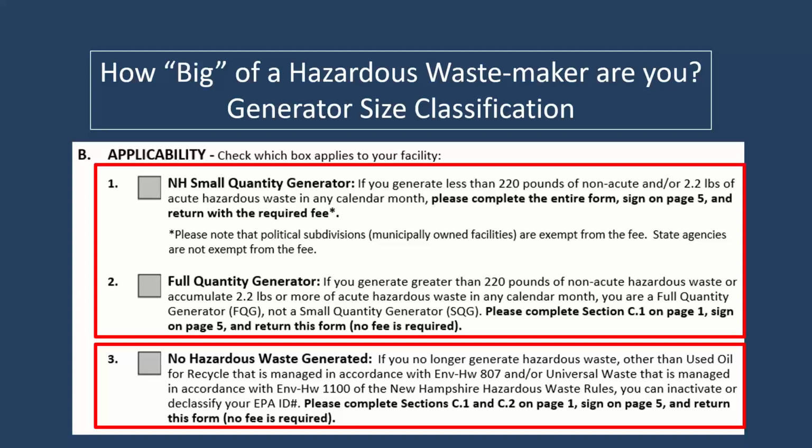These wastes are hazardous wastes, but we aren't interested in tracking them with this self-certification program. So if you have those items, you don't have to include them when figuring out how much hazardous waste you make. If you don't make any hazardous waste, or you only make used oil or universal wastes, check box 3.